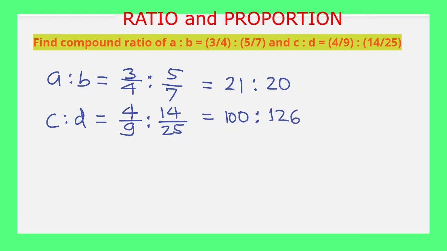126. Now the compound ratio is nothing else but multiplication of both the ratios, which is AC ratio BD.